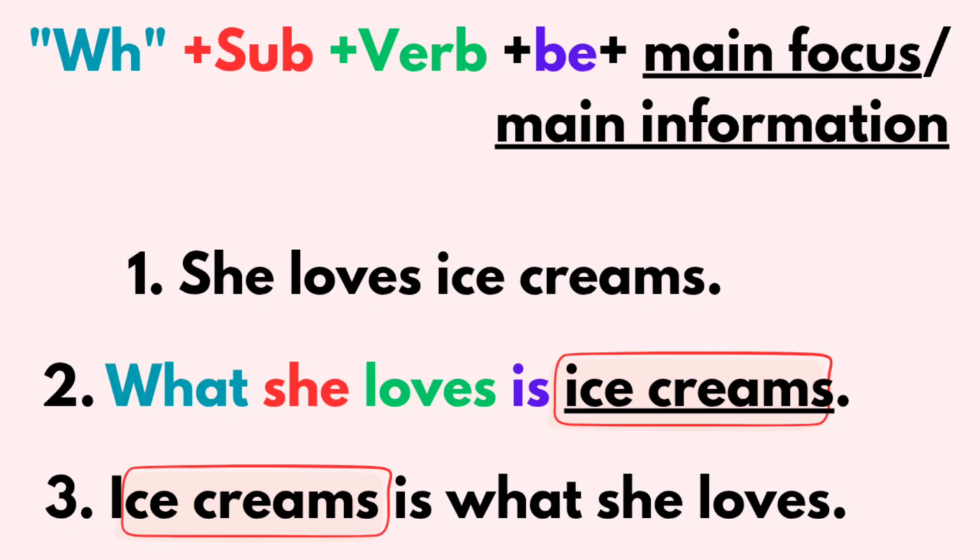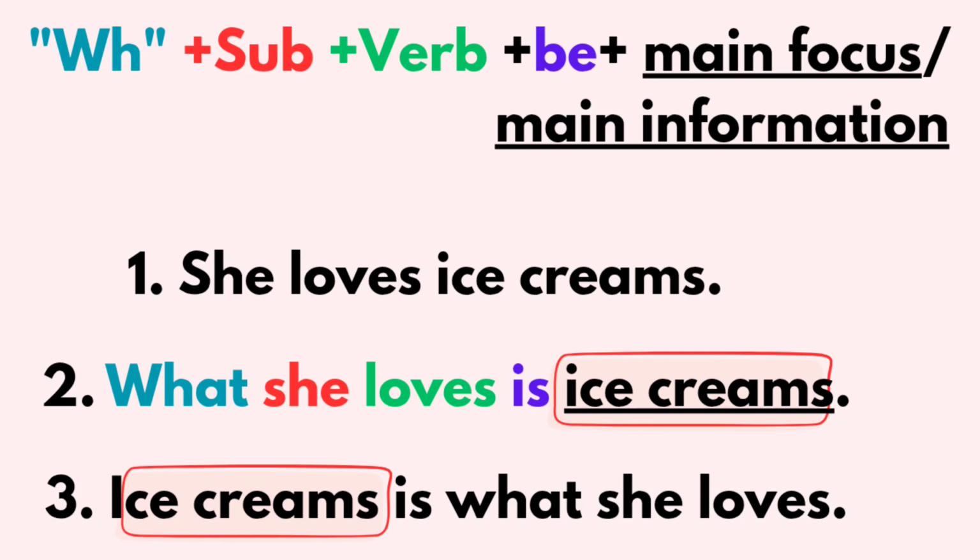I have used only is. I follow the structure. Ice creams is what she loves. These are just alternative sentences. No need to worry about that. If you don't want to use them, you can avoid using alternative sentences. If you use cleft sentences, you sound more natural, you sound more advanced, right?